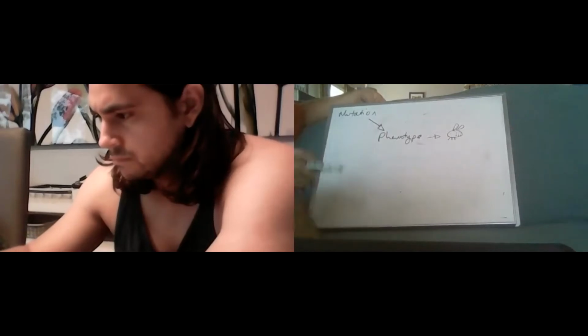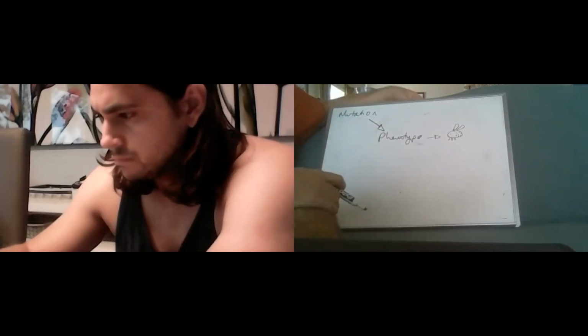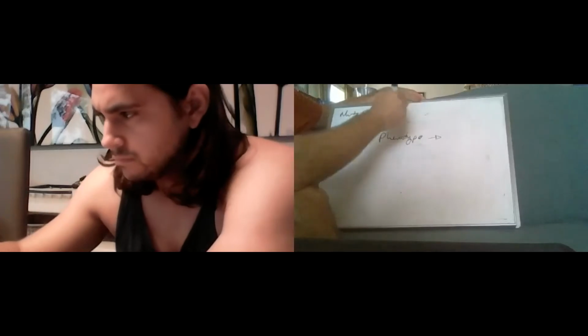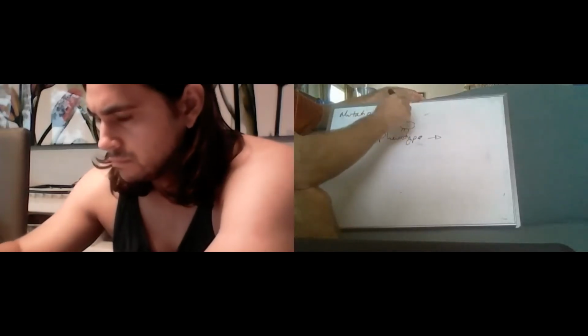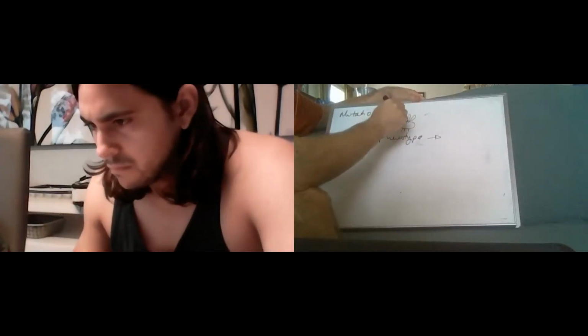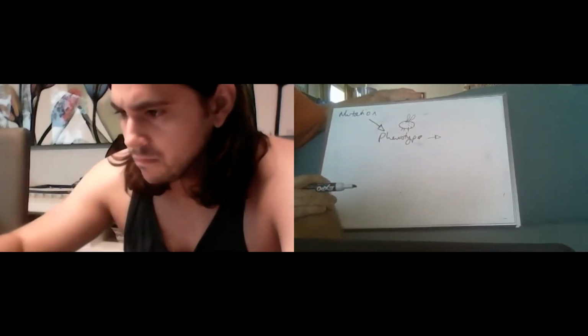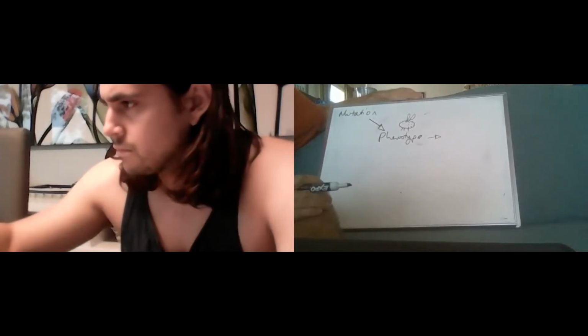I don't actually have a yellow pen. If I could draw a yellow fly, I would. Actually, let's put that over here. And then we want to figure out what's the basis at the molecular level of that phenotype.